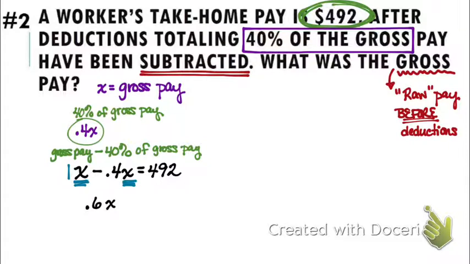Or another way to think about this, if you start with all your money, 100%, and they take away 40%, how much are you left with? 60%. That's what this says. You have 60% of your gross pay remaining, and that was the $492. They took 40% for taxes and deductions, so you have 60% left over.